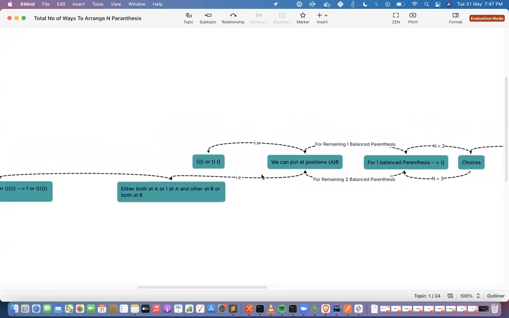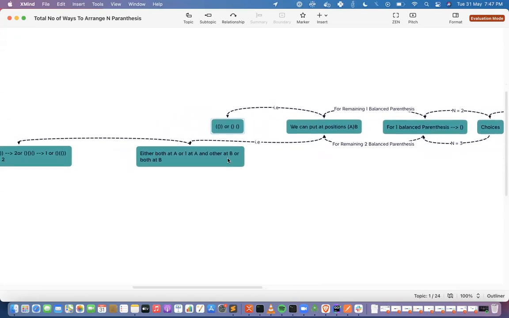We can place both at position A, or both at position B, or we can put one balance parenthesis at A and one at B. Similarly, these will be the combinations we can think of.